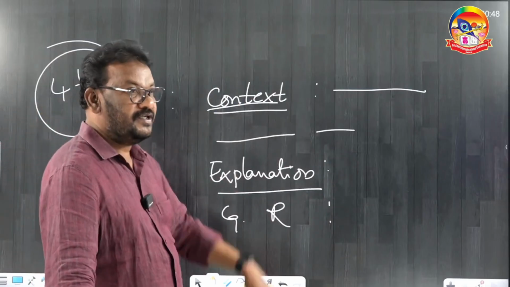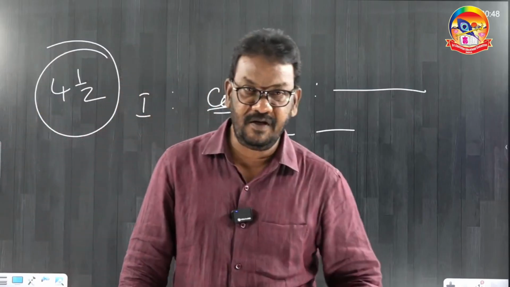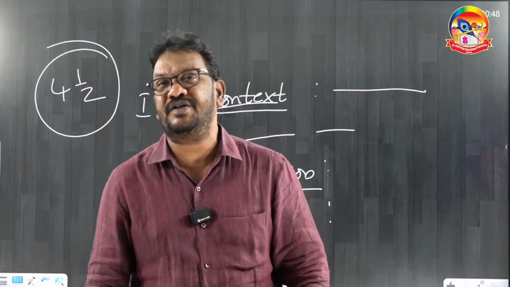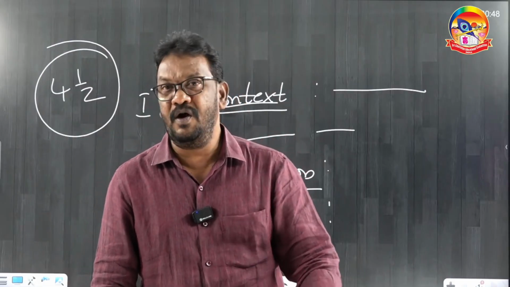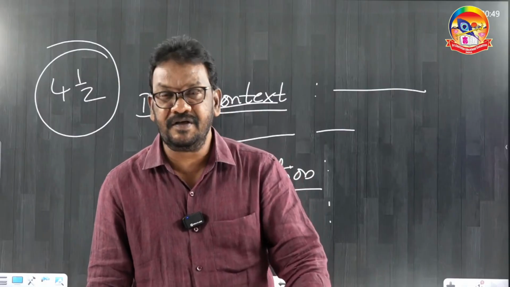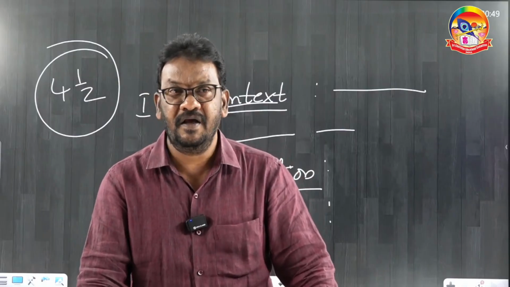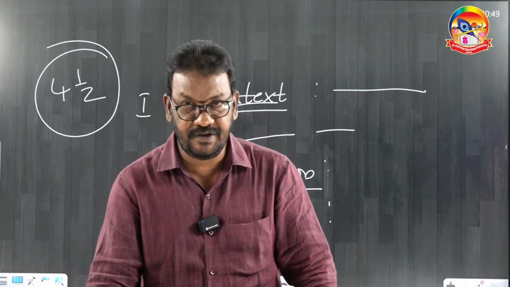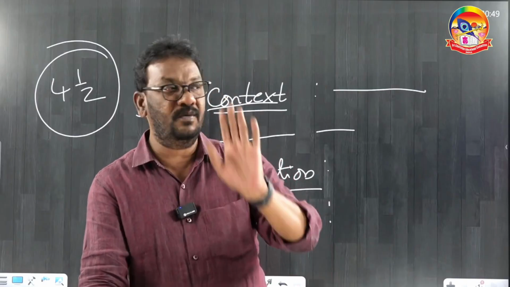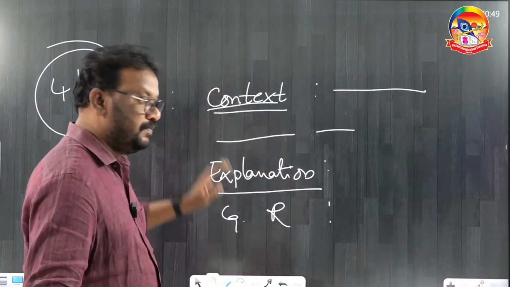Remember, this question carries 4 marks. If you confine your answer only to a single page, you may not get 4 out of 4. To score 4 out of 4, at least you must present your answer in 1.5 pages, and then only you will be able to score maximum 4 out of 4.